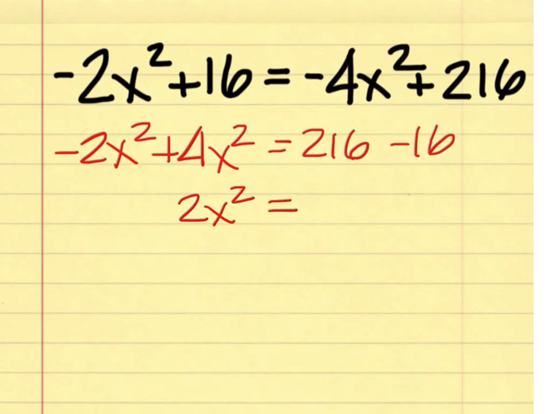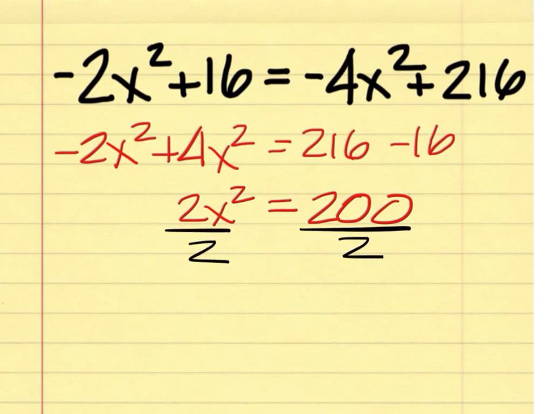And on the right-hand side, what is 216 minus 16, Malone? 200 is right. Now, what must I do to both sides, Bruton? Divide by 2. Divide by 2 is right. So if I divide by 2 here and 2 there, what am I left with on the left-hand side, Owens?